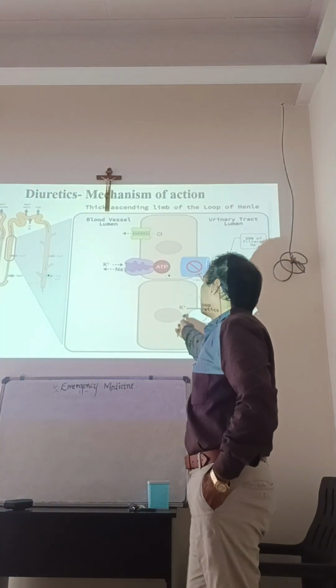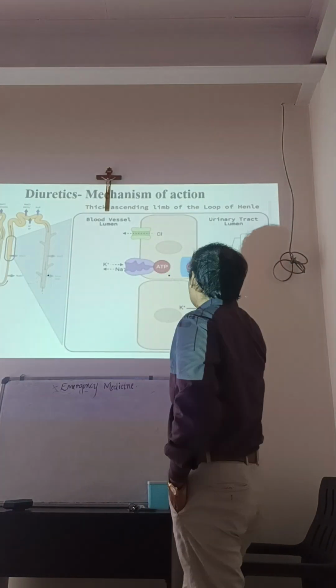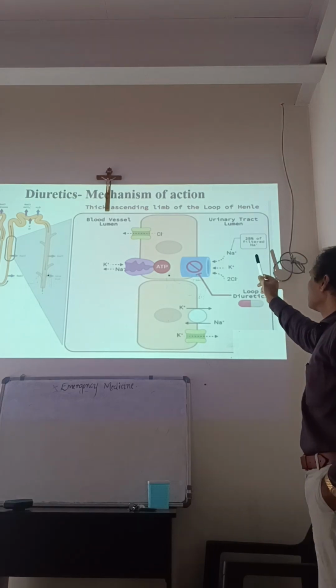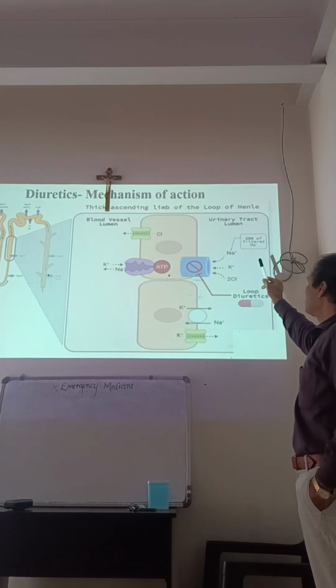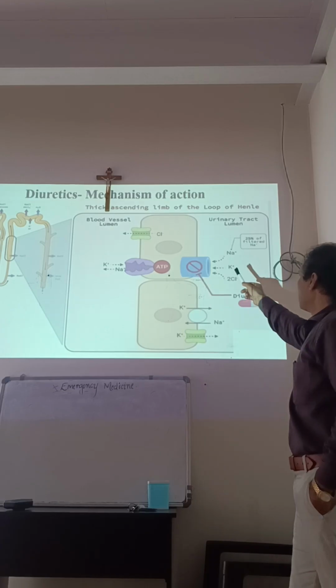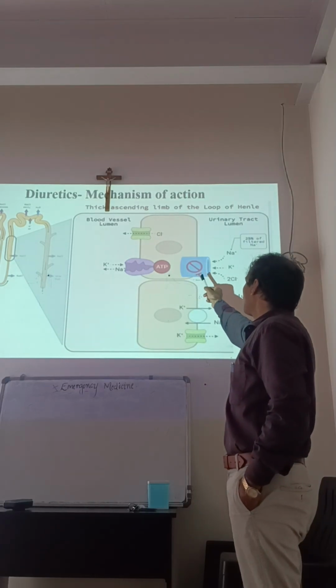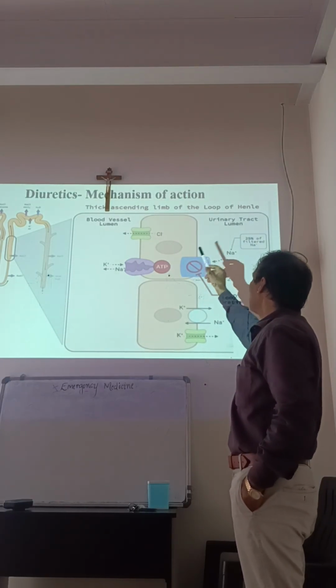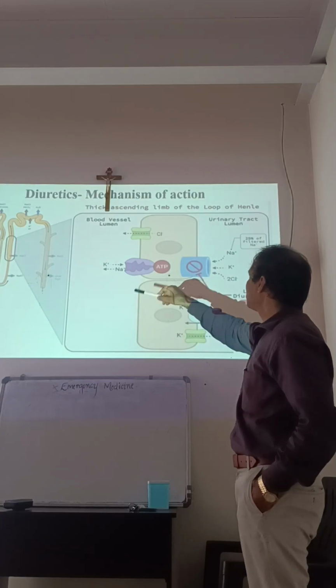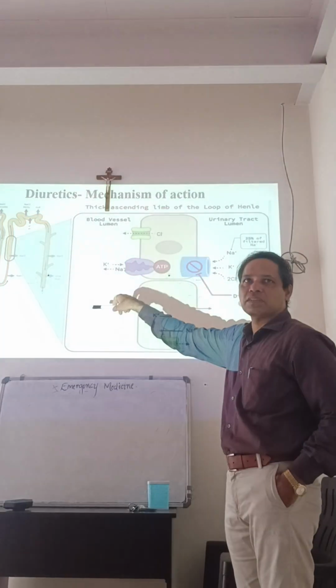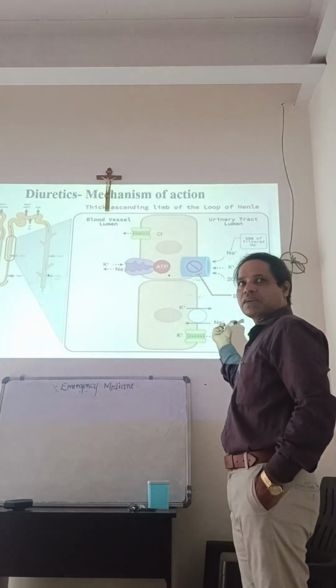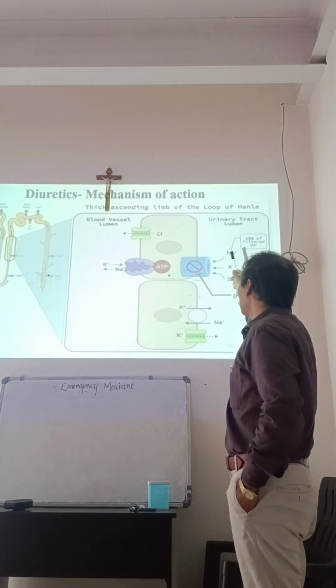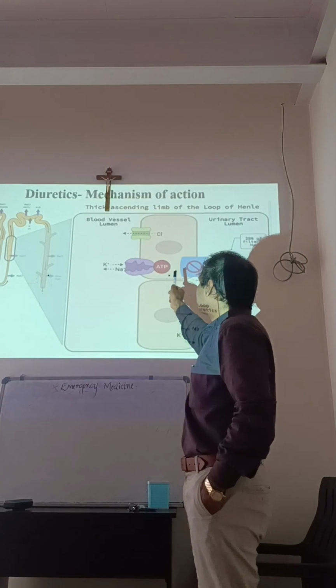This is the cell and this is the blood. Once the urine has sodium, potassium and 2 chloride, the sodium-potassium-2-chloride symporter operates. Symporter means all the ions pass from one place to the other. Antiporter means some will go, some will come back.